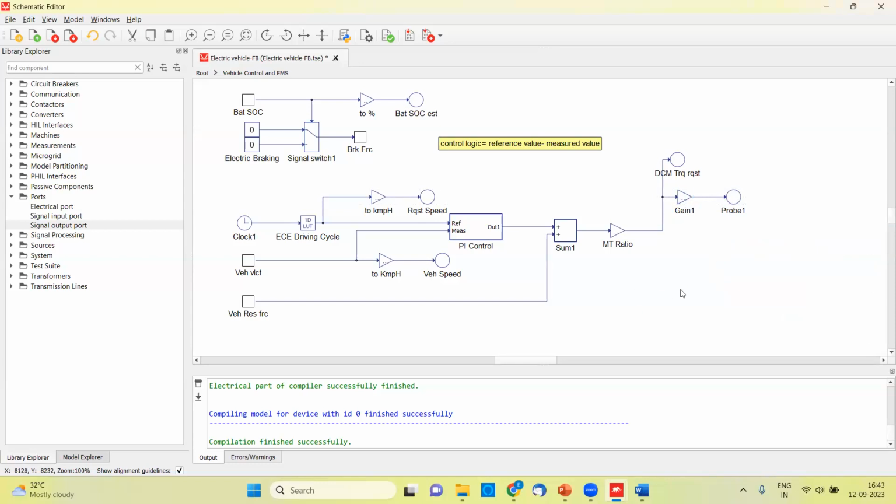Then I'm changing the name. This is EM conversion. As I've already told, it is converting the mechanical torque into an electrical signal.